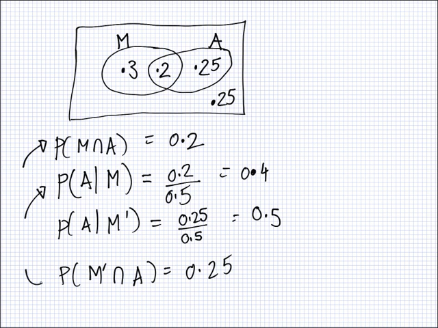And here, probability of being female and accepted. And here, probability of being accepted if female. So you have to be really, really careful with the language here. It's not as straightforward as you might think. You have to really read the sentences carefully to make sure you're calculating the right thing.